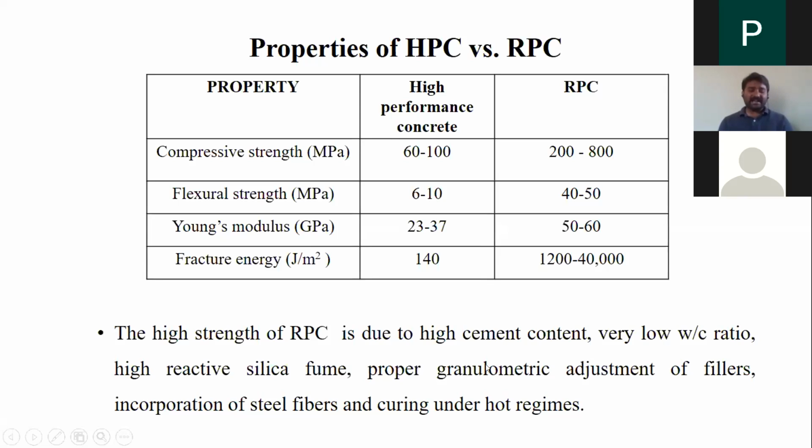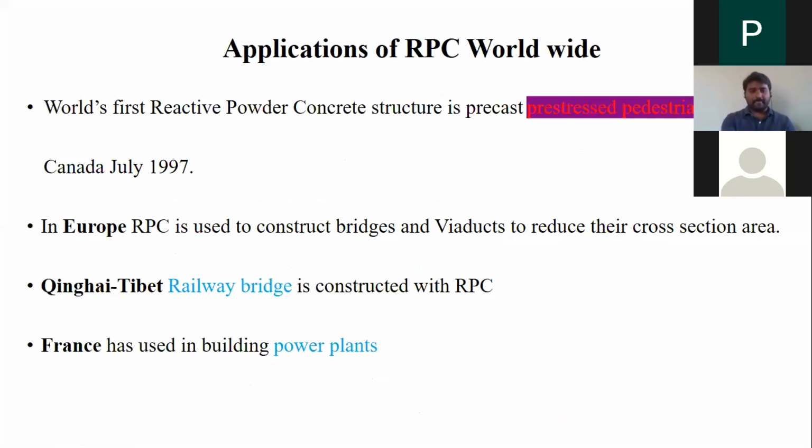Because we are using a high amount of powdery material, especially cement and reactive silica fume. Silica fume is a very costly material. Then why are people going for this costly material? There are applications wherein you may not worry about the cost of concrete, you want high performance, and reactive powder concrete is an ultra high performance concrete. So in very specific applications we use reactive powder concrete. So what are the applications? We'll come to see them in a bit.